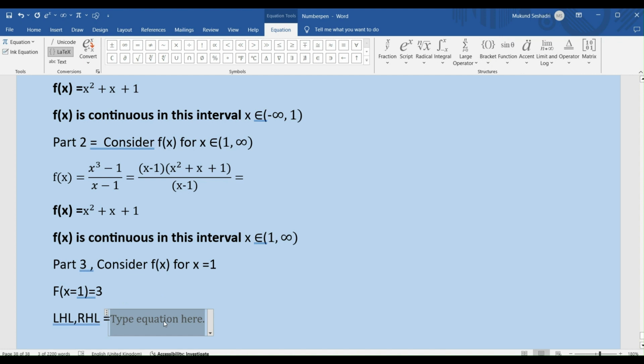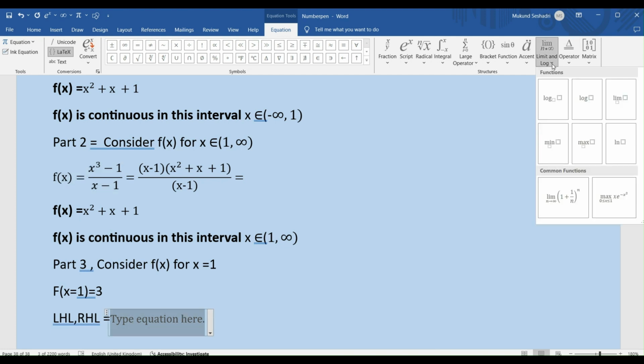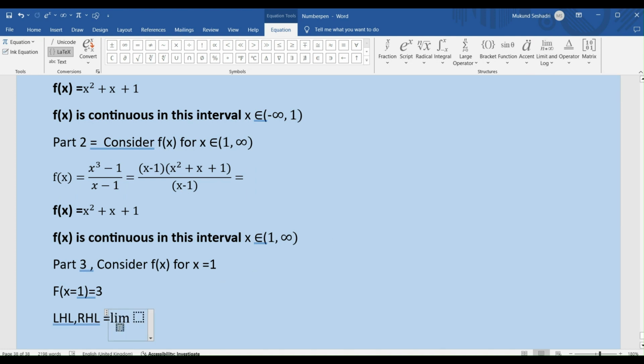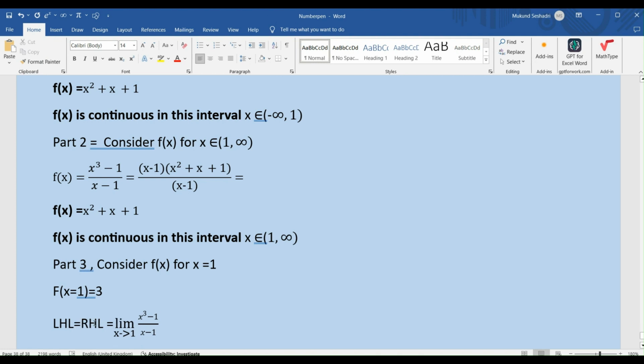So my function f of x for a value which is very close to 1, be it from the right hand side or the left hand side, is the same, right? So it is for that reason we know that as x tends to 1, (x cubed minus 1) divided by (x minus 1), my LHL and RHL will be equal, because I have f of x as (x cubed minus 1) divided by (x minus 1) for both LHL and RHL.